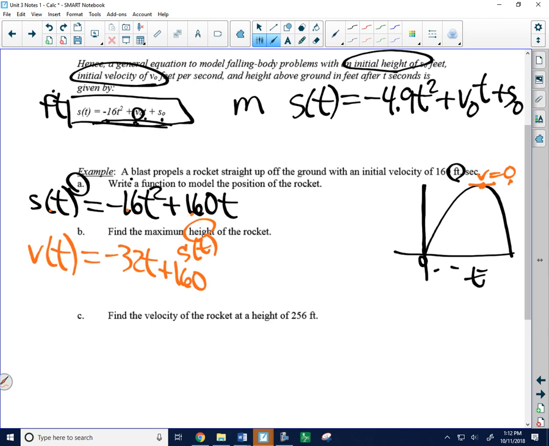I'm not plugging in 0 for time. I know the velocity is 0. When is the velocity 0? It goes along with part A in the last one. So we said it equals 0, and we solve.